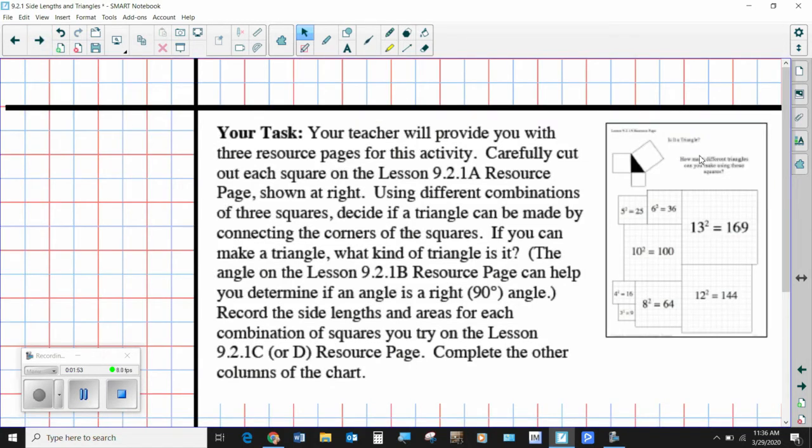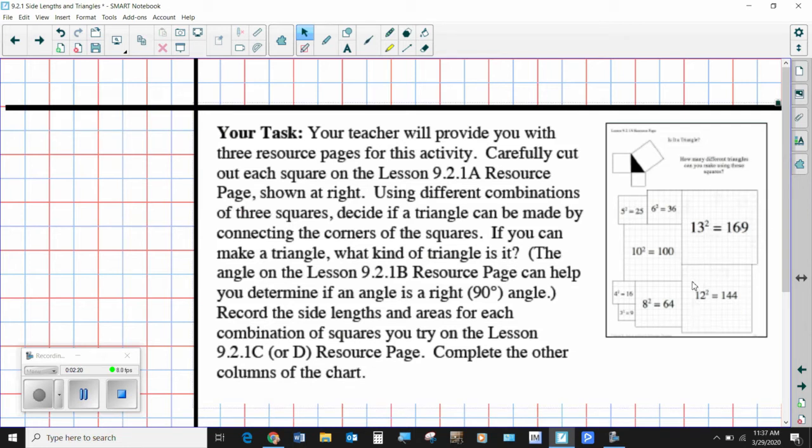Okay, so this is resource page A. It has a number of different squares, and the squares have side lengths that are shown here. Like, for instance, this square, if you were to count the number of units, will be 13 by 13. When you square the number 13, you're essentially multiplying it times itself. So the 169 refers to the total number of individual squares that fill up this 13 by 13 square.